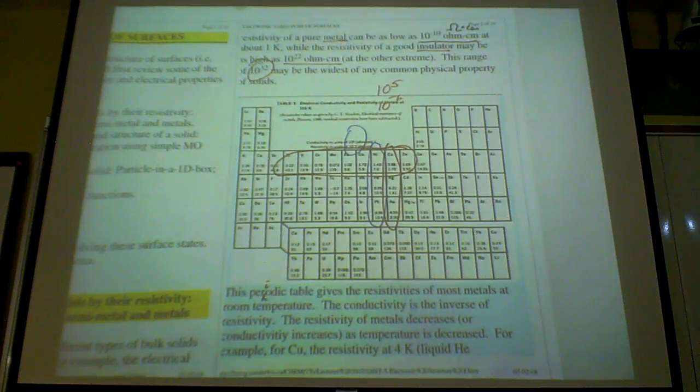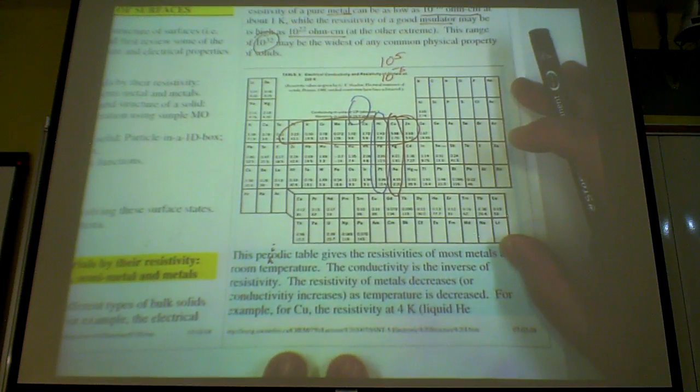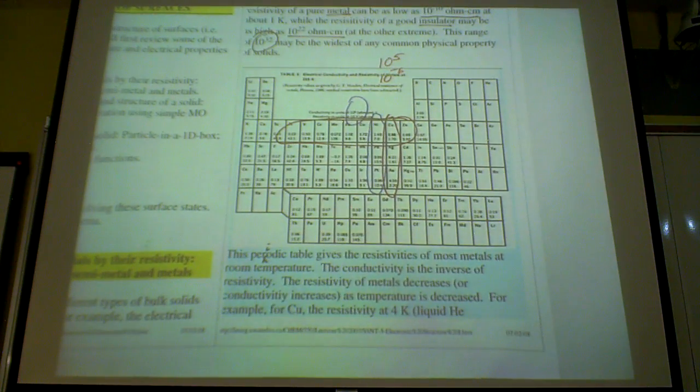This is why everybody in electrical engineering is very interested in this, certainly about how resistive a certain material is. And here's a table that I got from solid state physics. You can get it from any solid state physics book. This is from Kittel.